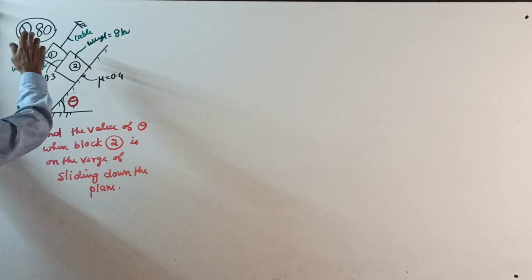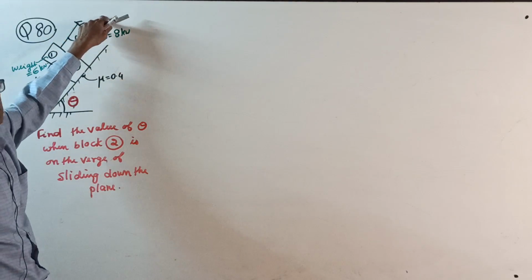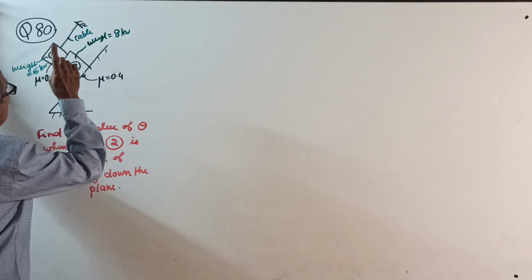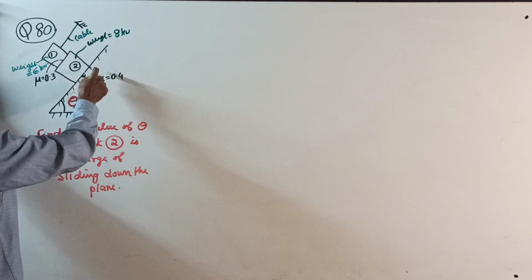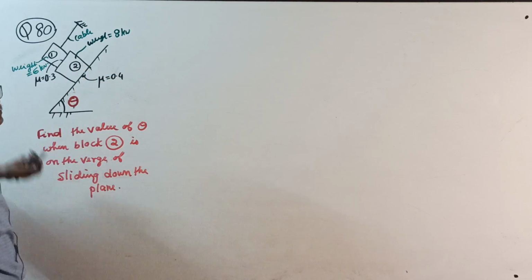Above that one, another block of weight 6 kilonewton is placed, which is connected by a cable to a support. The friction coefficient between the two blocks is 0.3 and between the first block and the inclined plane is 0.4.